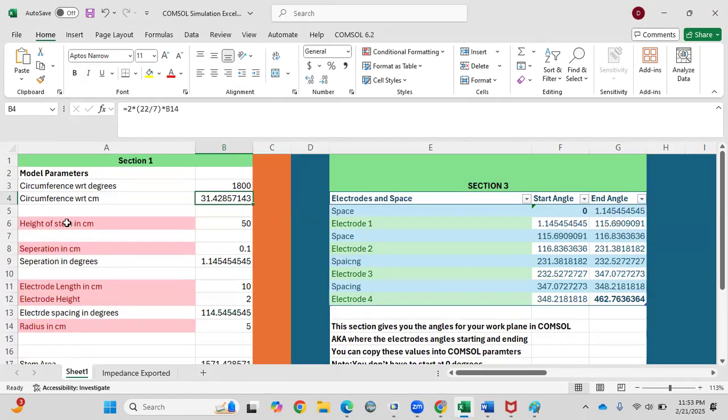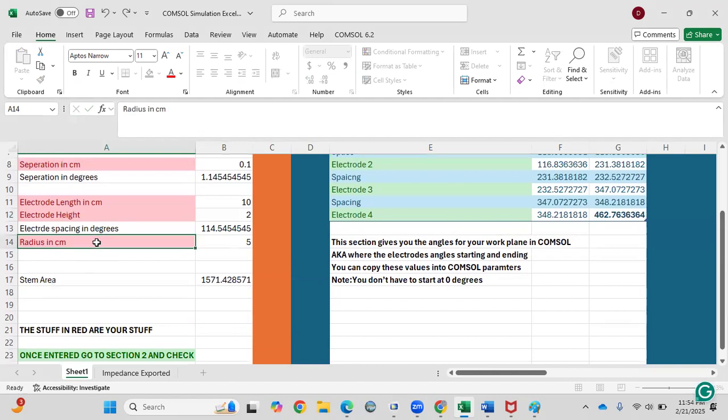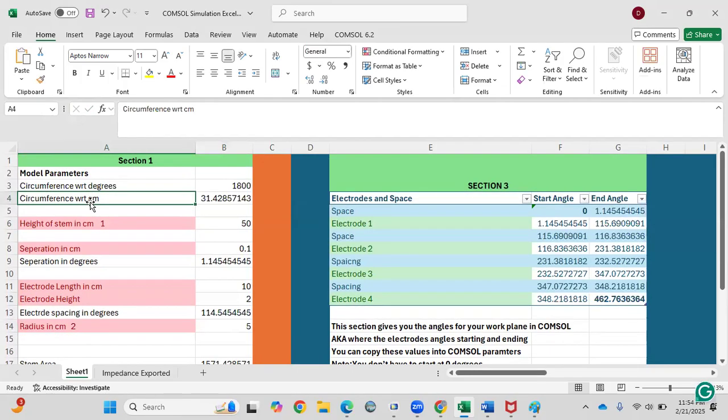So the first thing you will do is put in your height and the radius, and it will calculate the circumference, which is important, the distance around your stem from any point back around to the same point. So technically the distance, which you'll see the importance of in a bit.